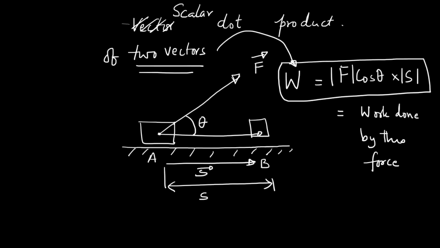You can see that there is no arrow over W, and these are the two vectors, displacement and force, and the magnitude of the force multiplied by the magnitude of the displacement into cos of the angle between them. Now this is called the dot product of two vectors. So let's write it formally.